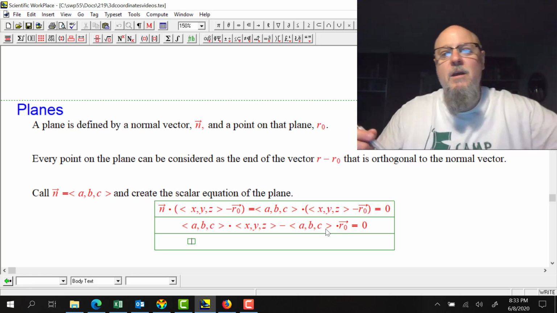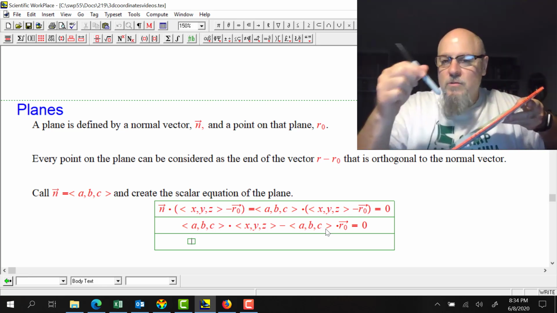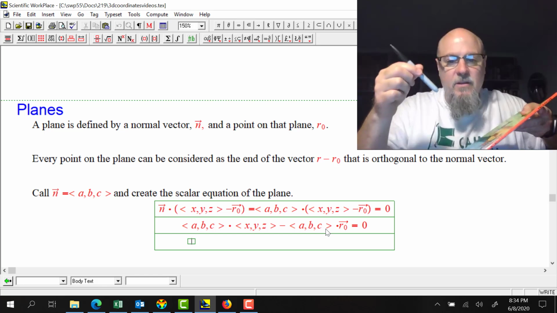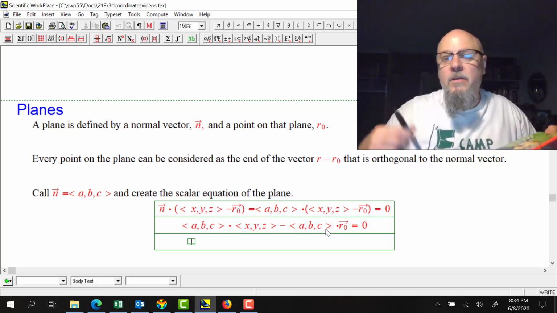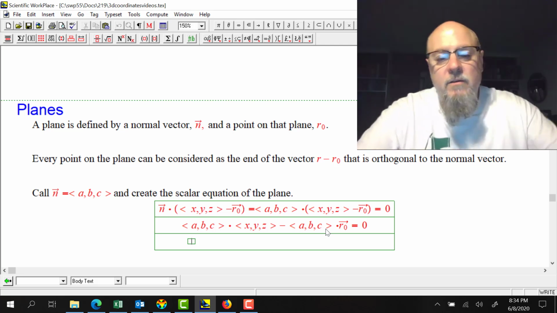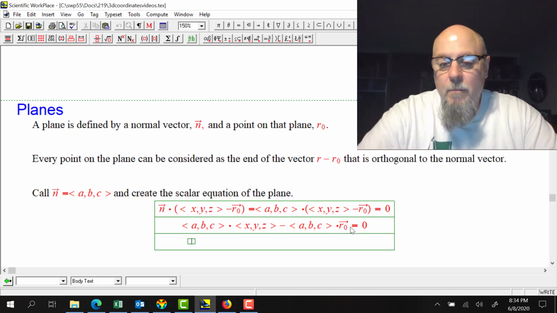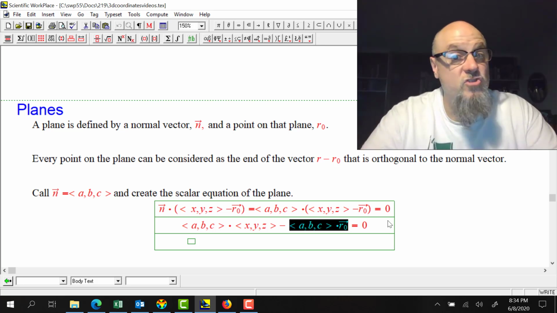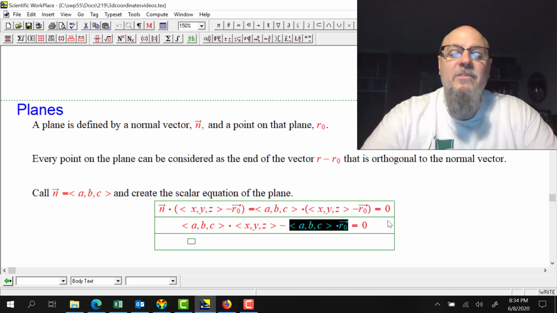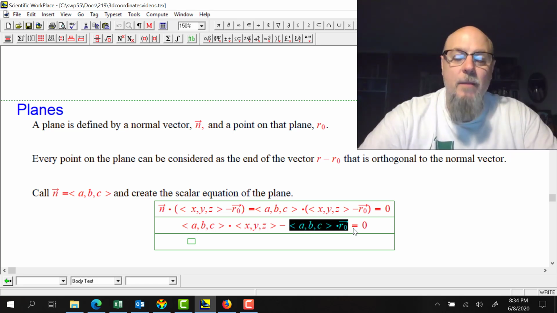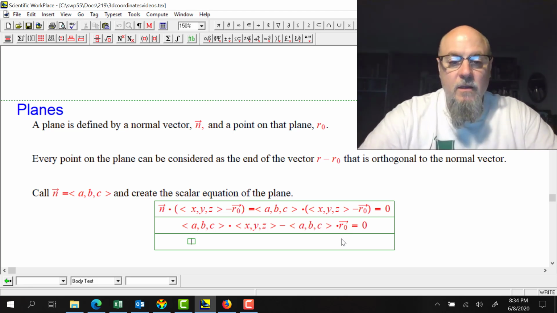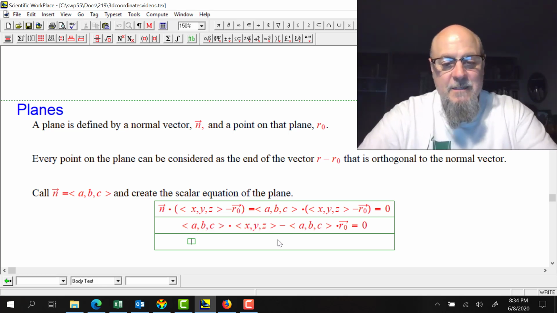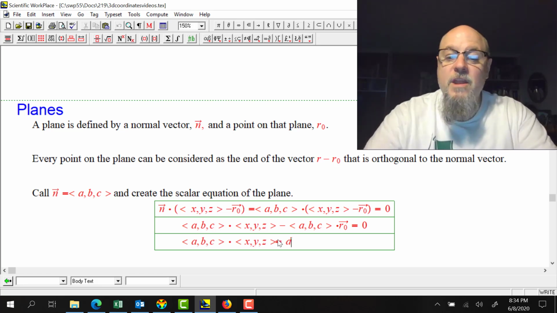And r0 is a number. So if I dot product ABC with r0, this is just a number. Let's call it D. So I'm calling the normal vector dot product with this r0 vector the number D. Now, if I bring that over to the other side, I get this equals the number D.